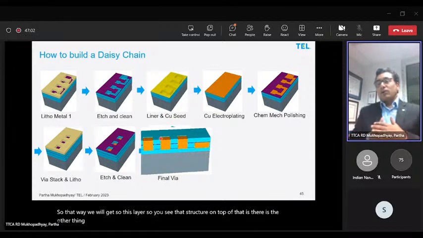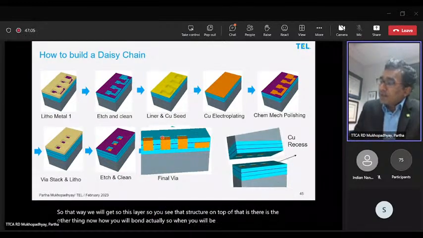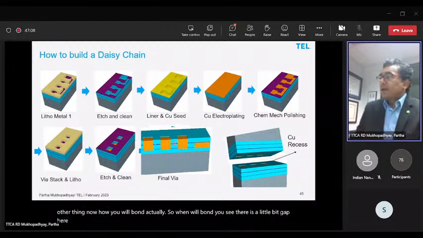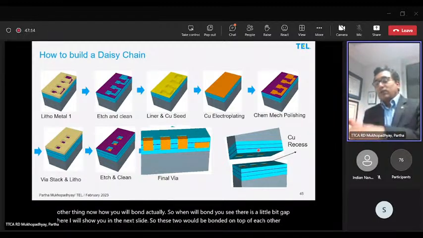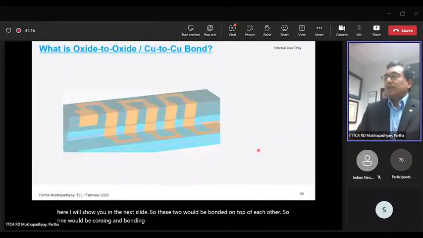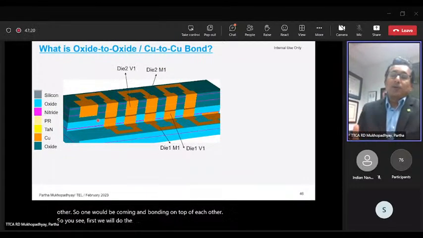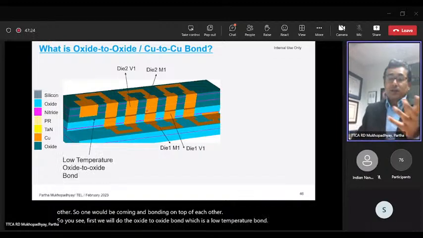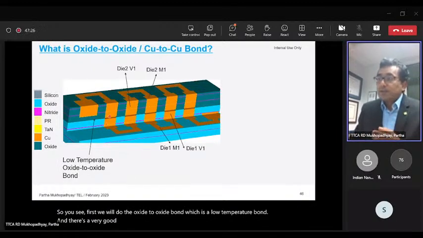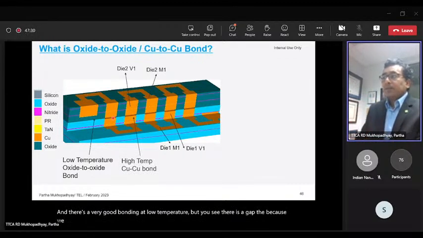Now, how will we actually bond? When we bond, you see there is a little bit of gap here. I will show you in the next slide. So these two would be bonded on top of each other. One would be coming and bonding on top of the other. First we do the oxide to oxide bond, which is a low temperature bond, and there's very good bonding at low temperature. But you see there is a gap because we recess the copper a little bit.